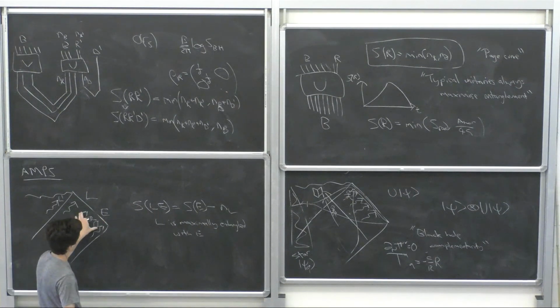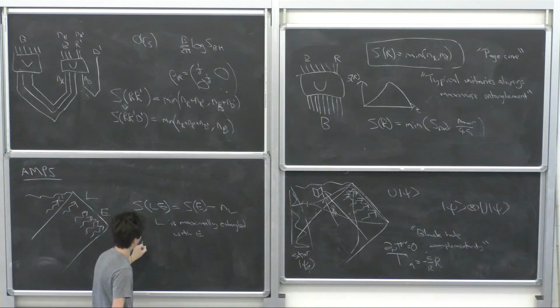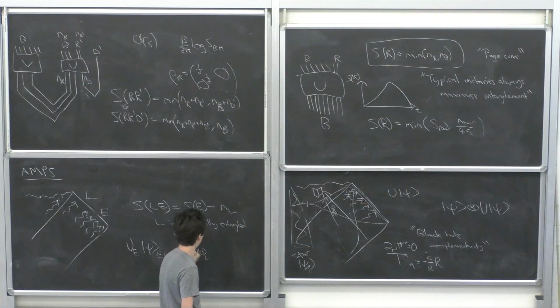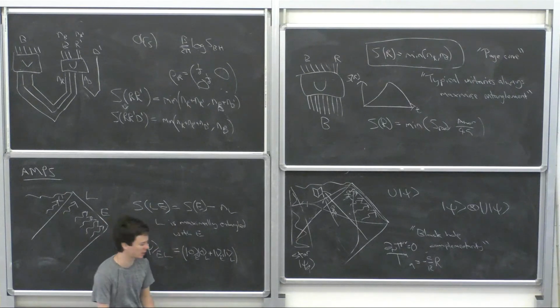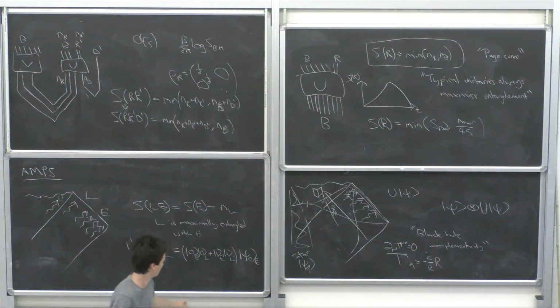Someone out here can therefore, in principle, find some unitary acting on E that takes the complicated state psi_LE to the state |0⟩_{E'L} + |1⟩, a Bell pair maximally entangling L with some subsystem of E, tensored with some other state on, I'll call it E bar, the remaining subsystem of E other than E prime.